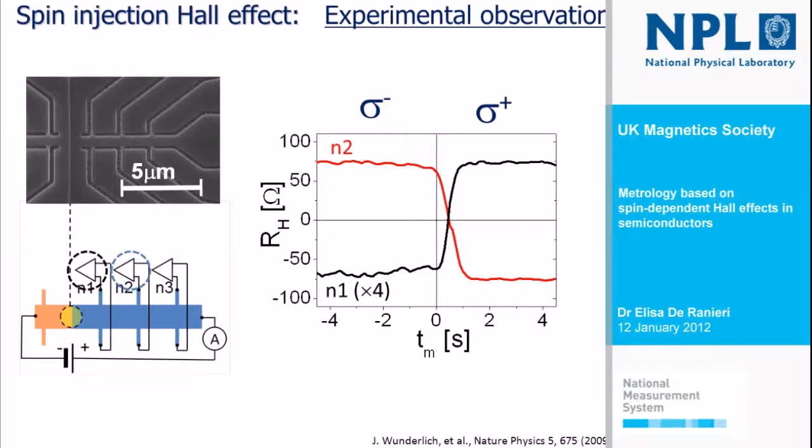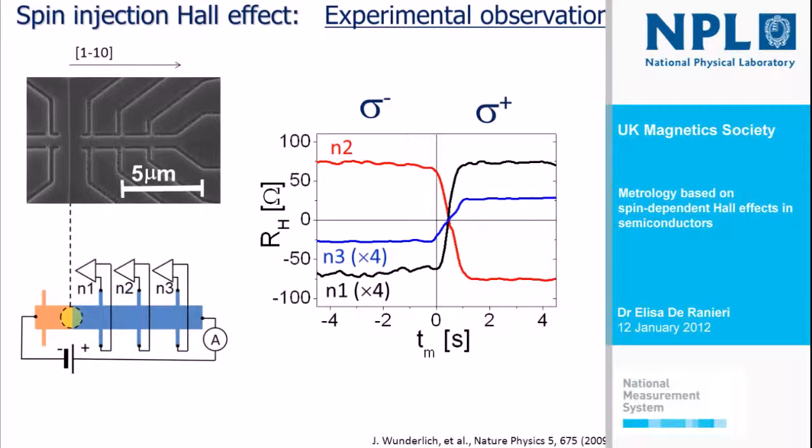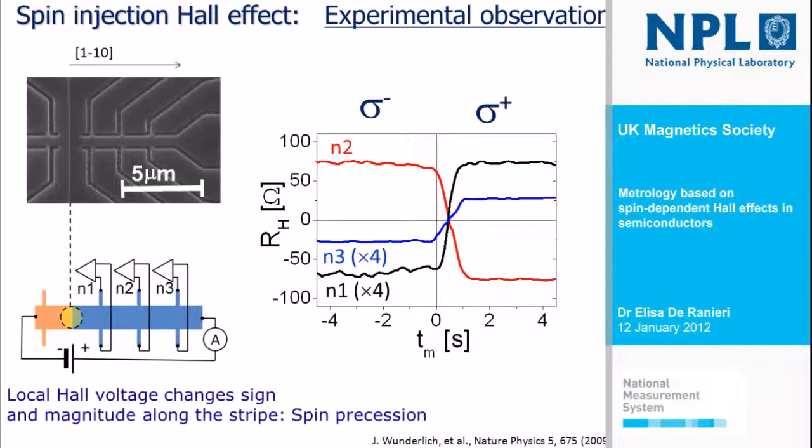But if you look at the cross before this, you observe that the signal is much smaller, it's been multiplied by 4 here, and also it's a different sign, and also looking at cross 3, again, different sign and magnitude of the signals as you detect it along the channel. So this is a clear sign for a spin precession of the electron spin as they move across the channel.